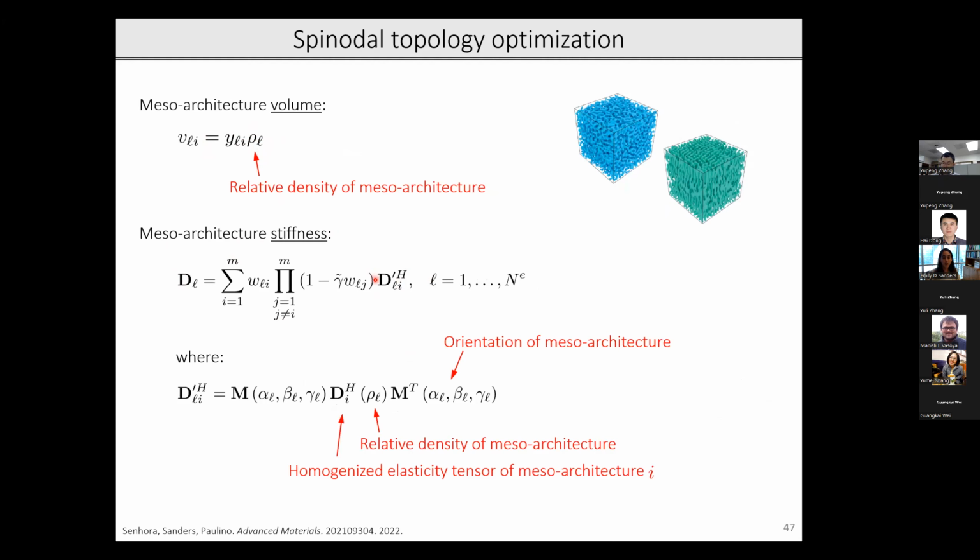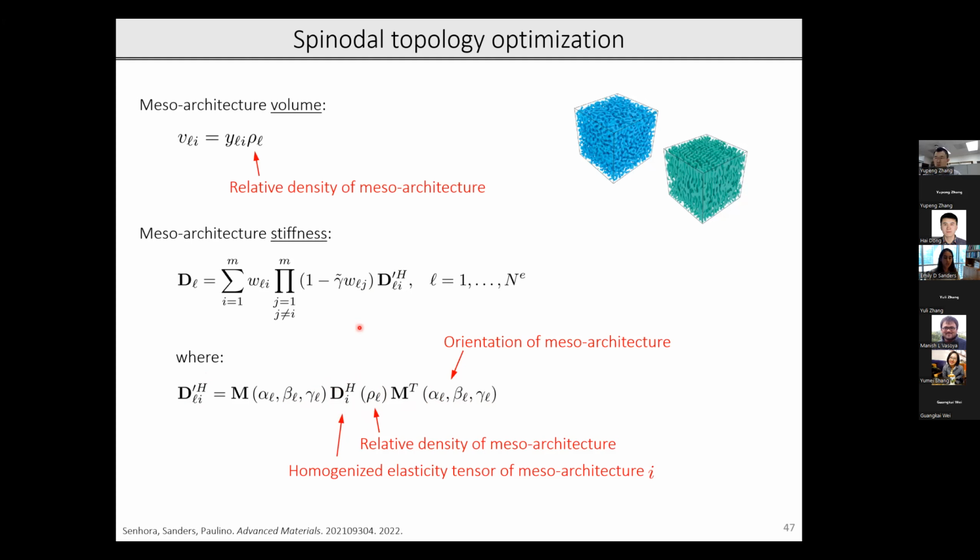But this time, our homogenized elasticity tensor of the spinodal architecture is a function of the relative density and the orientation. Okay, so we pre-compute the homogenized elasticity tensor as a function of relative density, and then during the optimization, we orient that elasticity tensor to get an oriented tensor, and then we interpolate the oriented tensor.